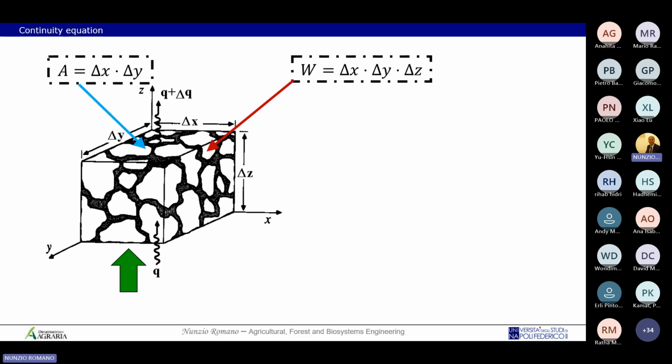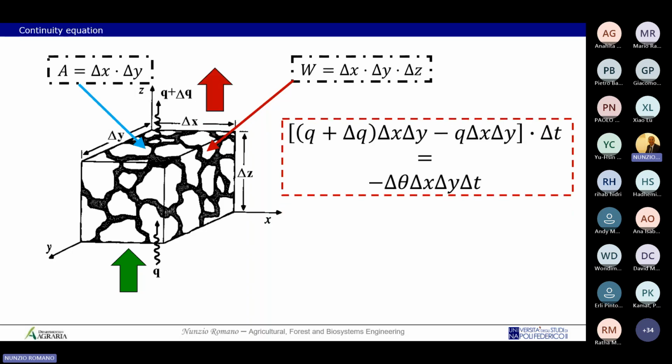So the net situation is that the difference between the specific flow rate exiting the control volume and the flow rate entering the control volume. But again, we have to compare similar things.